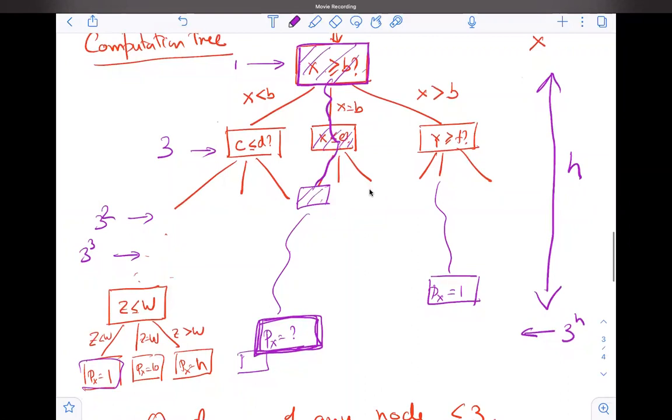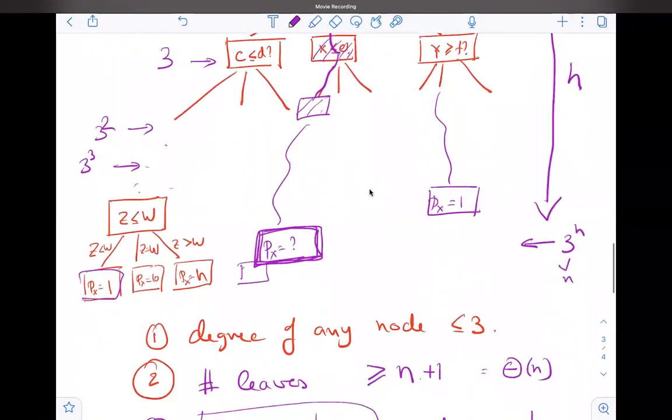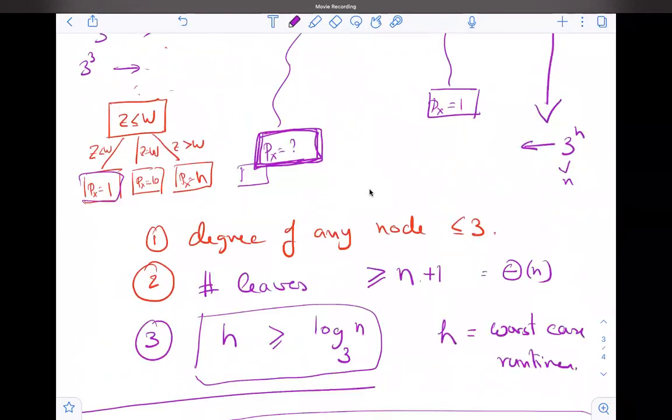So after h levels you have n of them, so 3 to the h has to be bigger than n in some sense, which means that h has to be bigger than log n base 3.